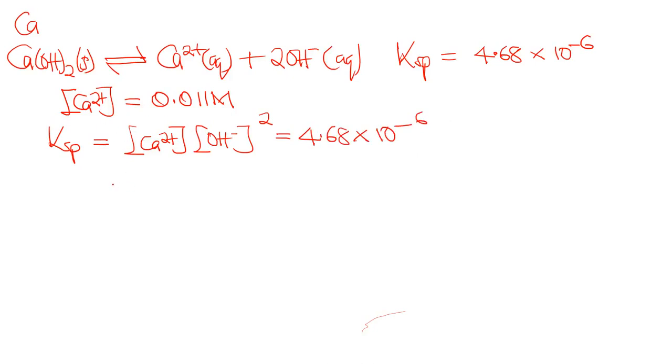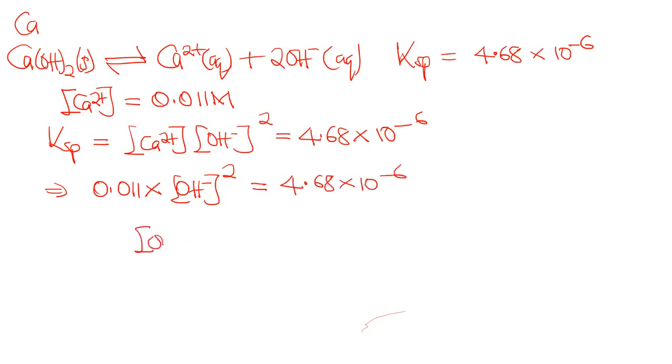By substituting, 0.011 times OH squared is equal to 4.68 times 10 to the power negative 6.